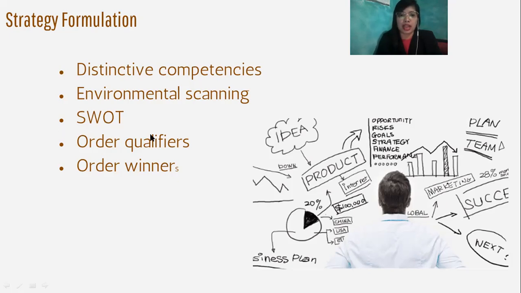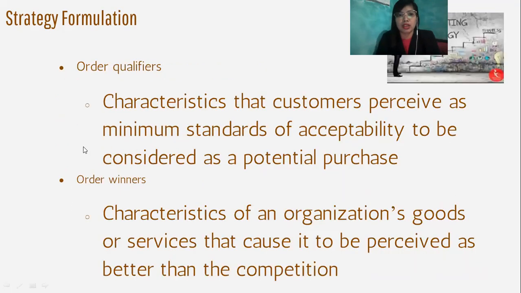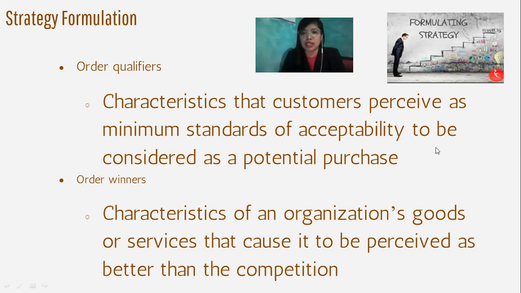And then order qualifiers, and then order winners. For the order qualifiers, these are the characteristics that customers perceive as minimum standards of acceptability to be considered as a potential purchase. And for the order winners, these are characteristics of an organization's goods or services that cause it to be perceived as better than the competition.